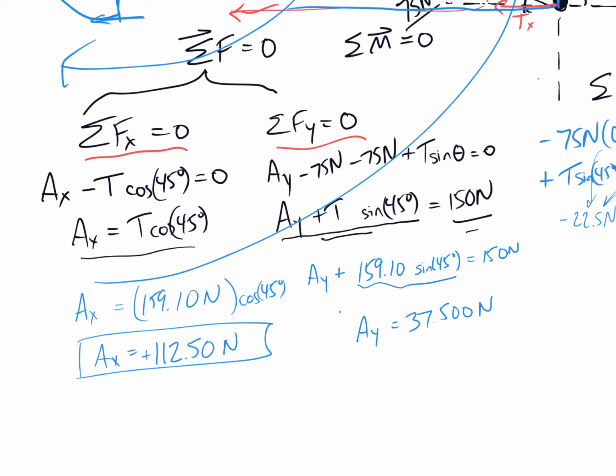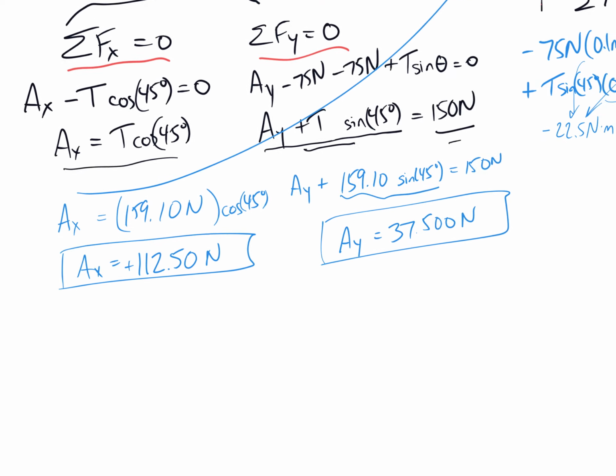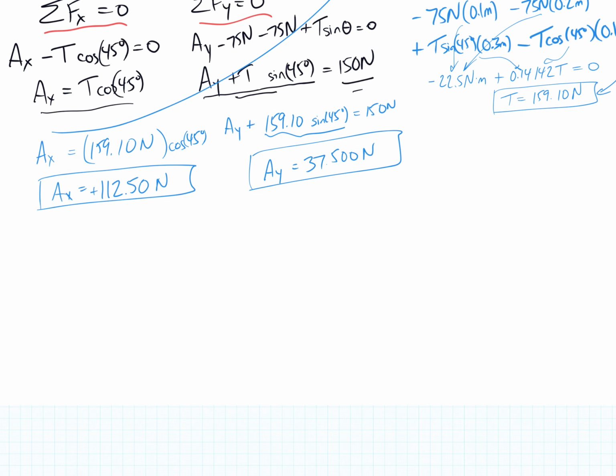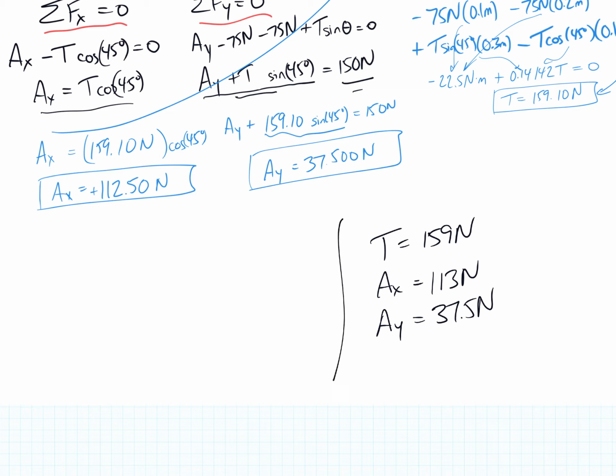We probably don't even know it to that precision. So ultimately, T equals 159 newtons, Ax equals 113 newtons, and Ay equals 37.5 newtons, and it looks like we assumed the correct direction on all of these because they all came out positive.